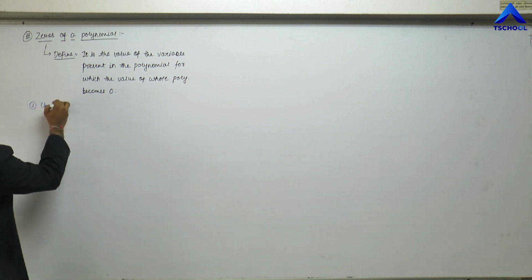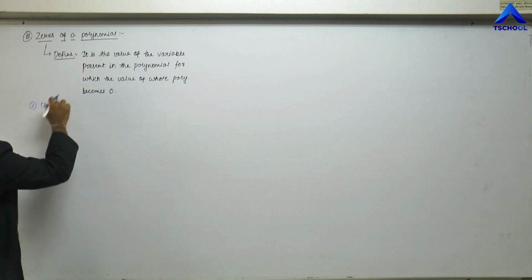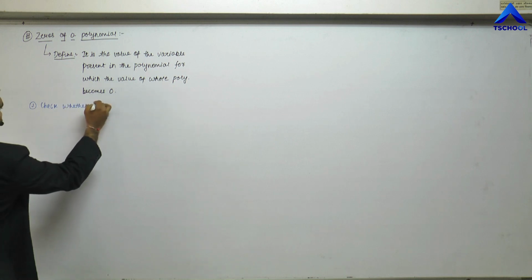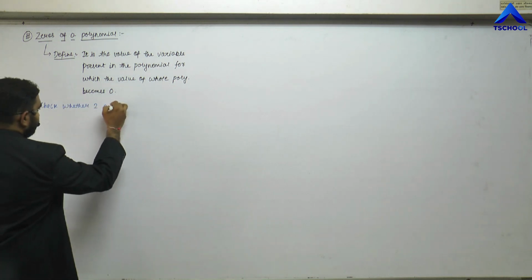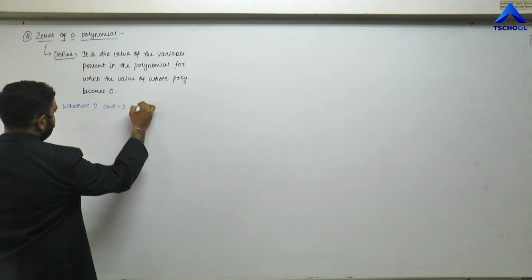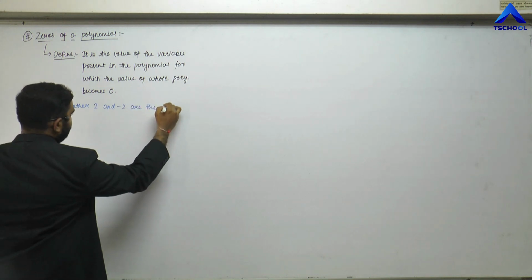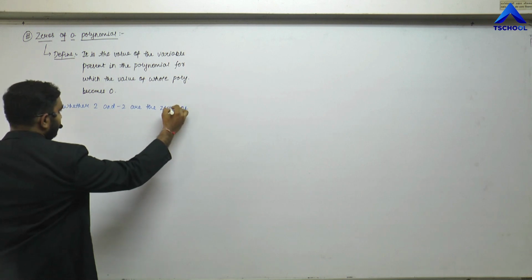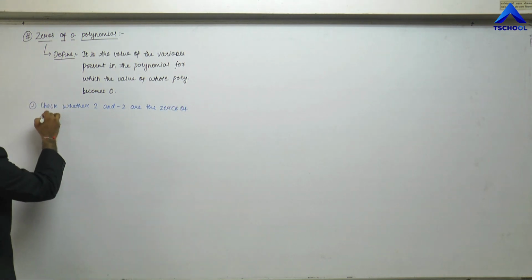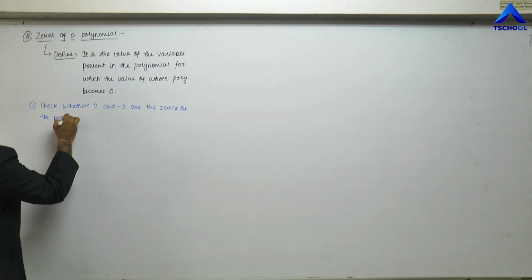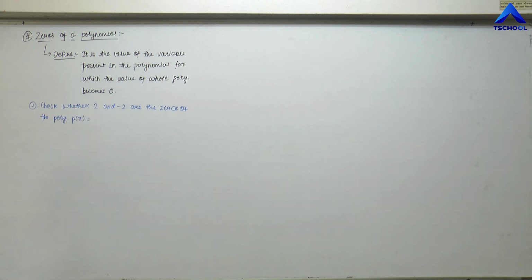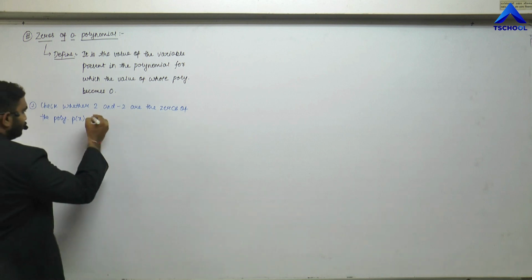check whether 2 and minus 2 are the zeros of the polynomial P of x is equal to x plus 2.